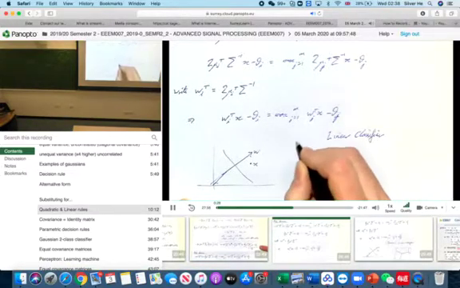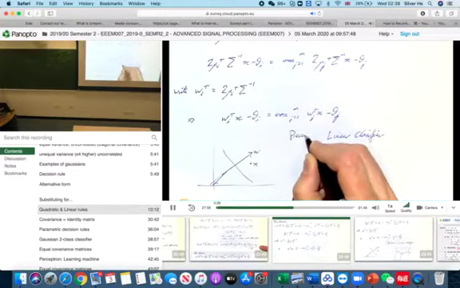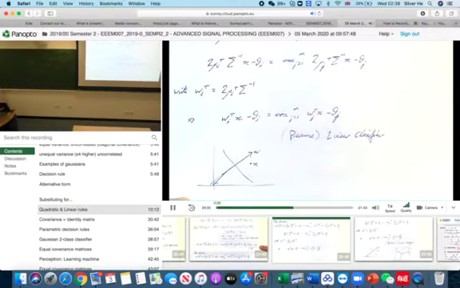So it's actually a piecewise linear classifier. And so the boundaries that you end up with, the decision surfaces, take our space and divide it up into things that are divided by straight lines. Yes?